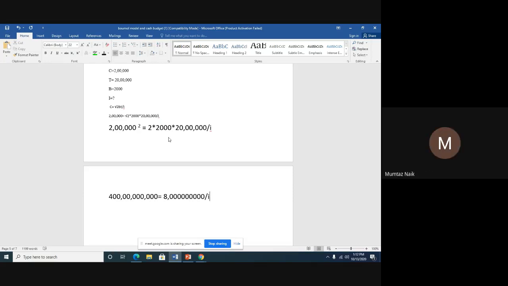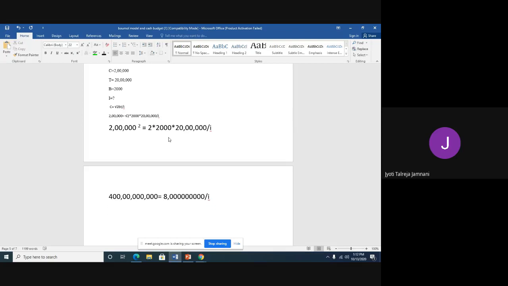No, ma'am. Now this divided by I, we can take it on the other side and get that 40 lakh here. It is like cross multiplying. Take I on the other side of the equal to sign and get 40 lakh down. So see how it will look.